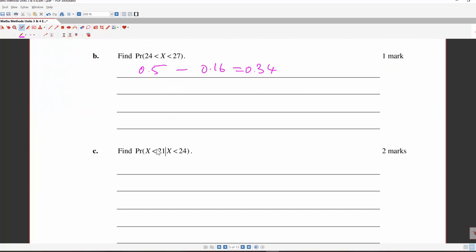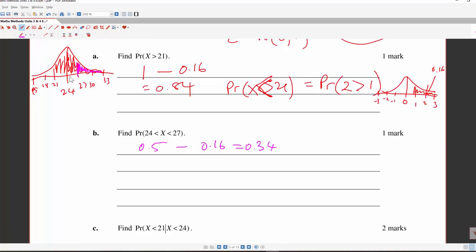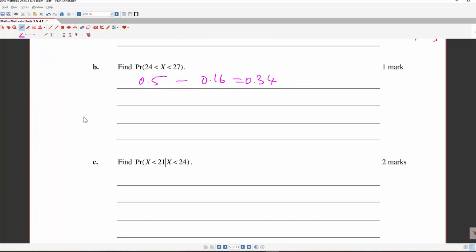Right, the standard conditional at the end. So what are the chances of it being less than 21 given that it's less than 24? We know that it's less than 24, so the probability is only going to be 0.5. So we just need to do a little bit of method mark here. This probability is equal to the probability that the random variable is less than 21 over the probability that the random variable is less than 24.